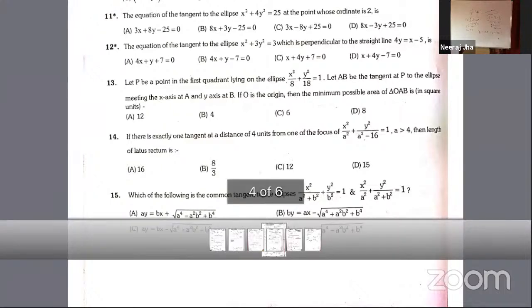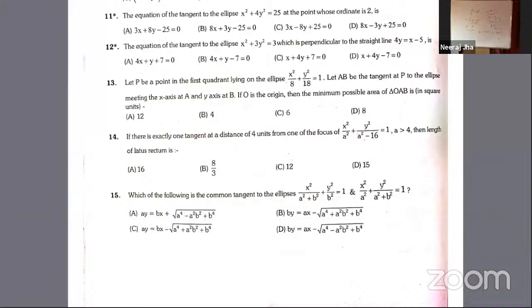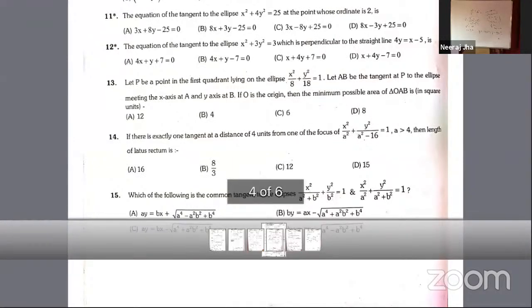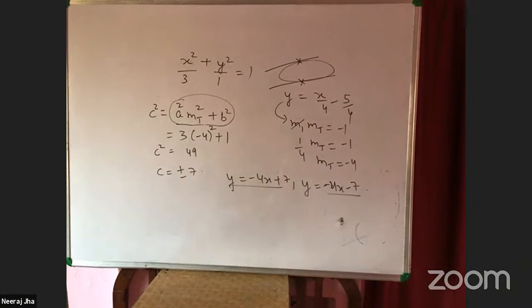Shall we discuss these three problems now? Yes. All right. In which problem you have doubt? 13th one. Yesterday you had doubt in 13th question?